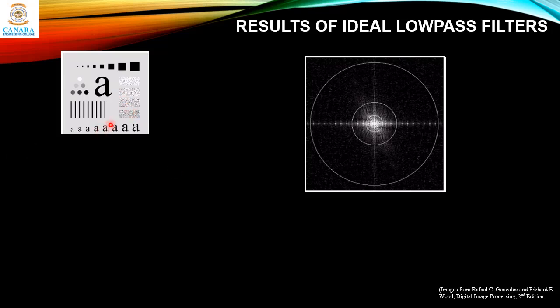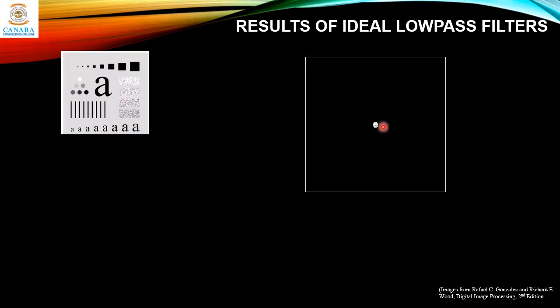So this is the input image, and this is the spectrum. Now if we keep only this portion, the small circle with a radius of 5, and remove all other parts, the black parts mean we have made those components 0, meaning we have removed them. High frequency components are removed, and only this tiny circle is retained.